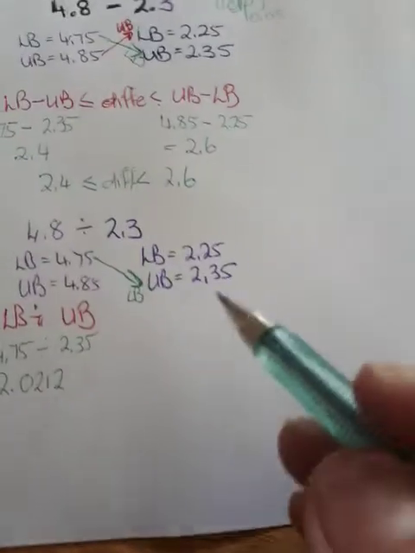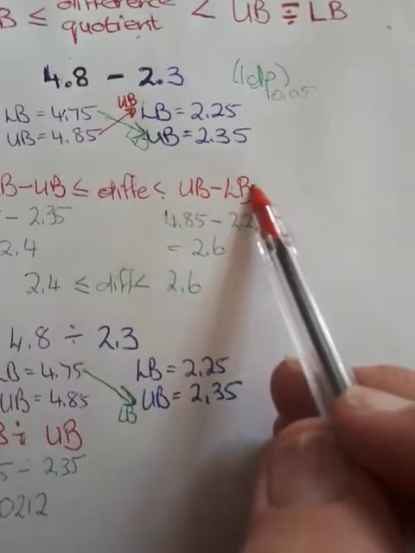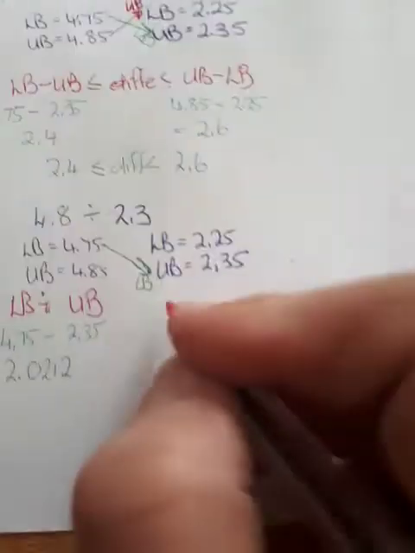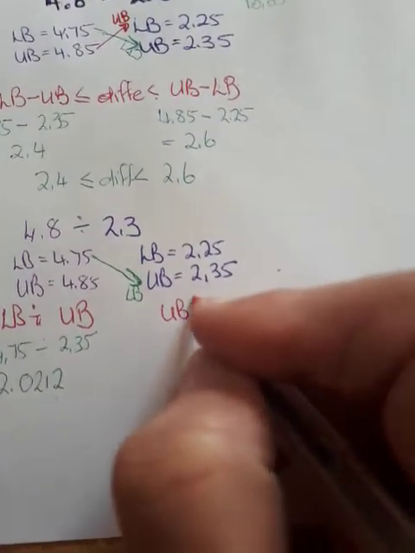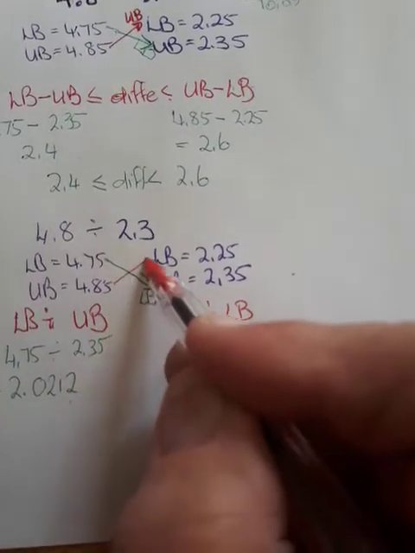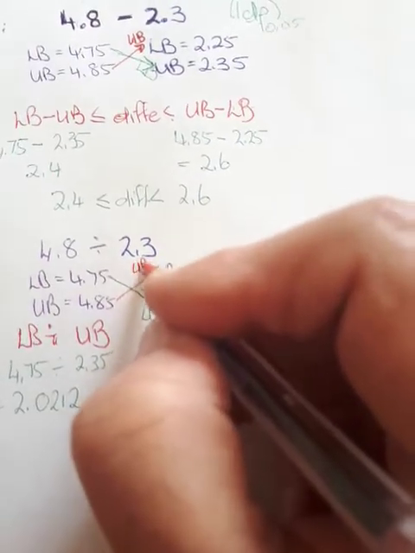Then for the upper bound, again it's the upper bound divided by the lower bound. Upper bound divided by lower bound gives me the upper bound.